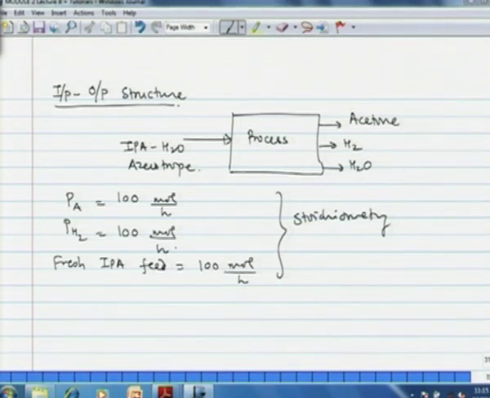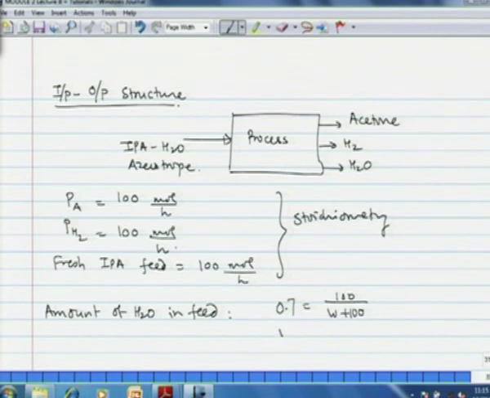The feed is not pure isopropanol, but an azeotrope. So, the amount of water that enters with the feed will be 0.7 into 100 divided by W plus 100, where W is the total moles of the feed.